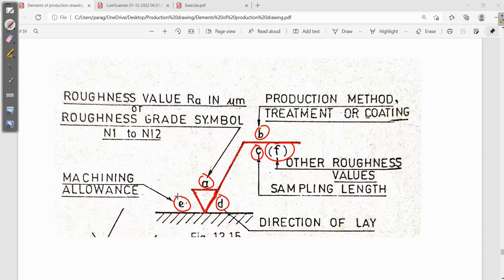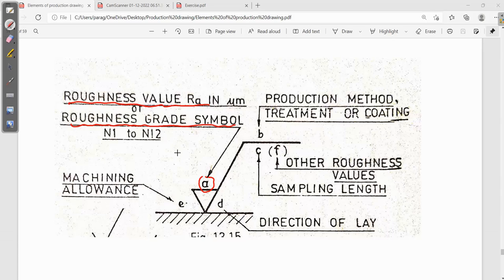Actually here some value will come. So what value do we have to put? Let's start from A. This A will decide the roughness grade symbol, the surface roughness value.